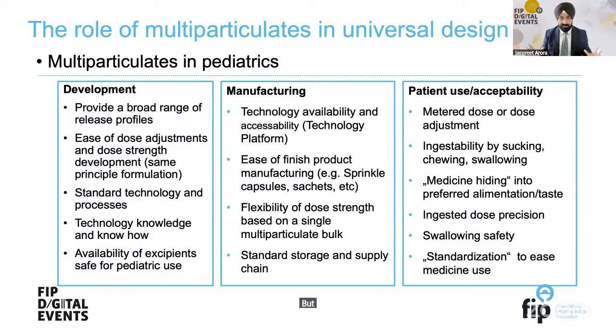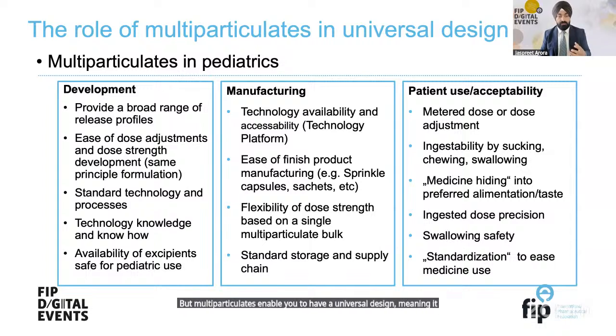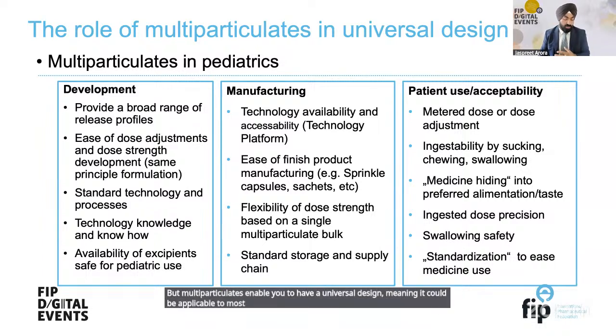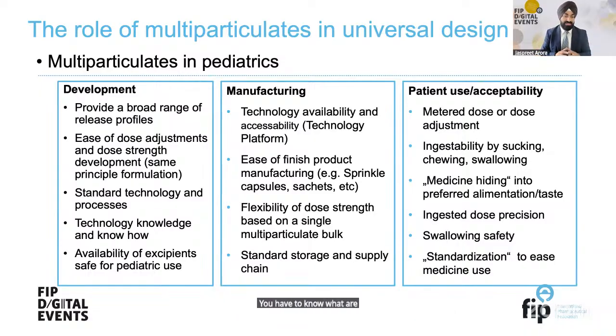But multi-particulates enable you to have a universal design, meaning it could be applicable to all patient populations, including adults, pediatrics, and geriatrics. You have to know what the key development, manufacturing, and patient requirements are for you to be able to work with a dosage form in the multi-particulate platform family.